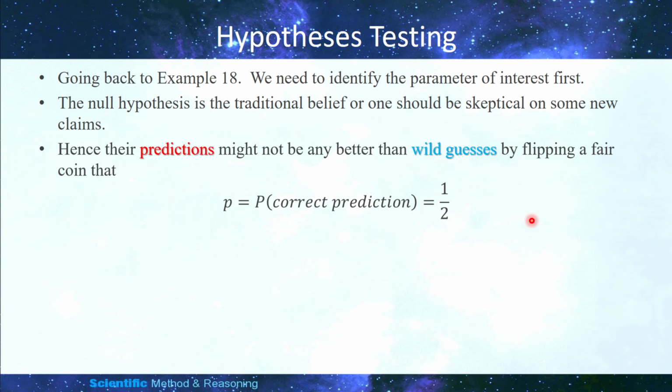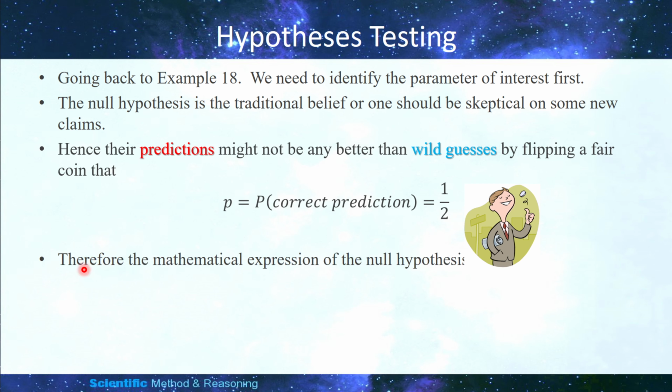That the Hang Seng Index will move up or down the next day is just a wild guess with probability 1/2. So the mathematical expression of the null hypothesis is that the probability of making a correct guess is 0.5.